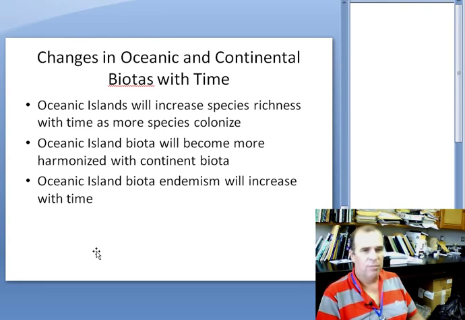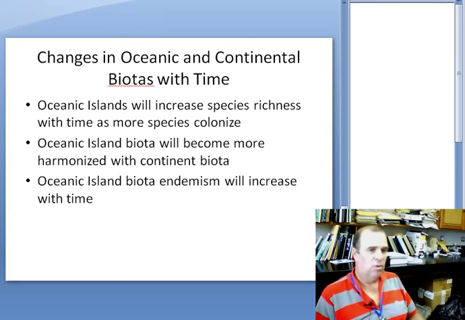The oceanic island biota will therefore become more harmonized with the continental biota as more of the species less able to disperse finally do make it onto the oceanic island. Oceanic island endemism will increase with time as mutations on these oceanic islands build up.